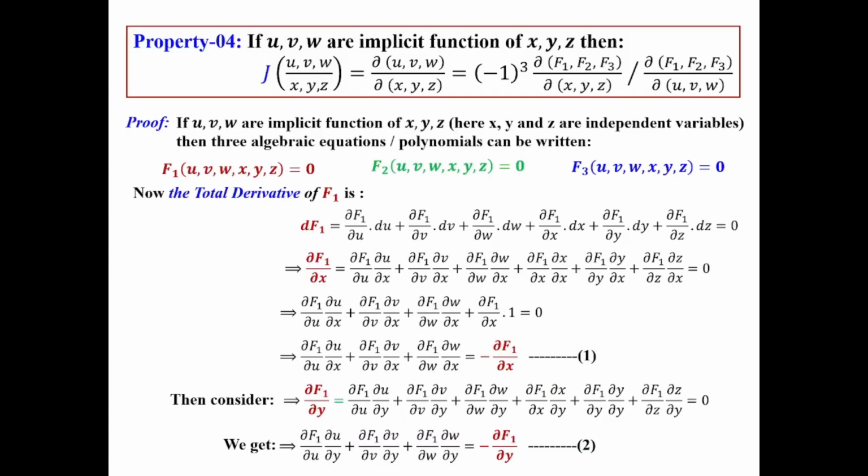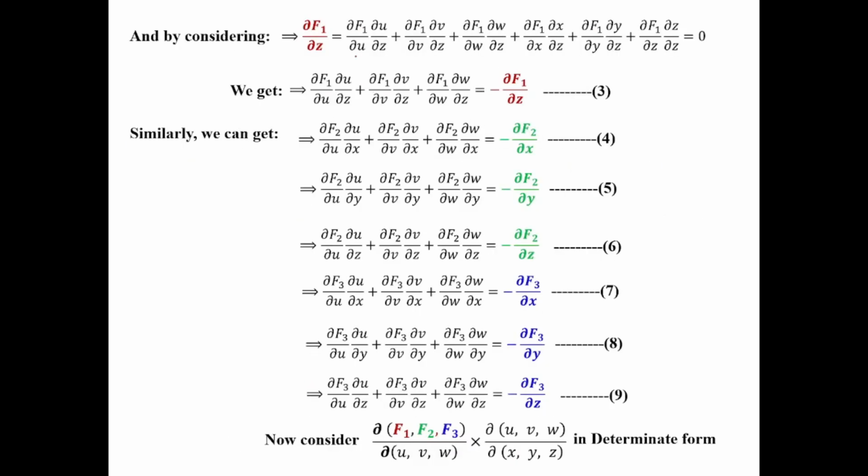Similarly, consider ∂f1/∂z. What you can find? This one ∂f1/∂u into ∂u/∂z, ∂f1/∂v into ∂v/∂z, ∂f1/∂w into ∂w/∂z, ∂f1/∂x into ∂x/∂z, then ∂f1/∂y into ∂y/∂z, ∂f1/∂z into ∂z/∂z. So these terms will be cancelled out, and we can find here these three terms written as such, and this term ∂z/∂z will be equal to 1, and ∂f1/∂z taken to this side is written as minus ∂f1/∂z.